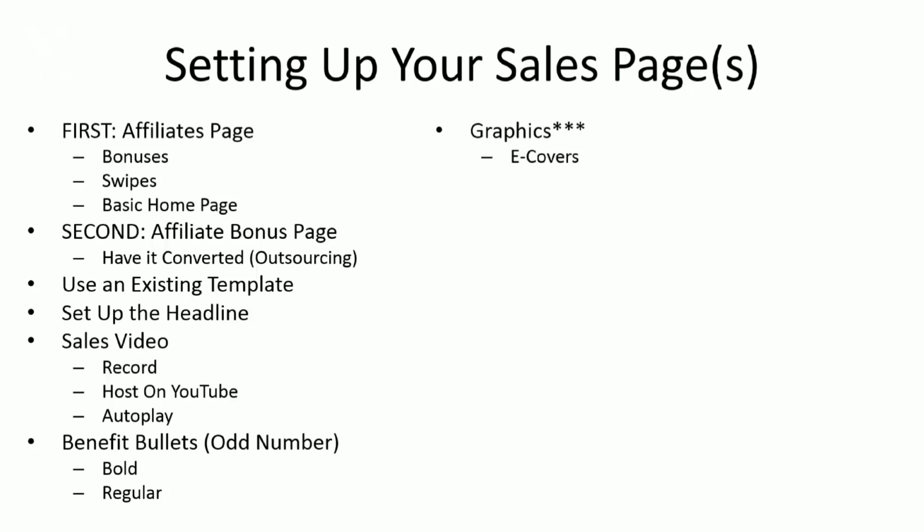And if you're good with Photoshop, and you can create a good e-cover that'll match all of the other stuff, then I say go for it. There's a program out there called eCover Authority that Chad Elgizer puts together. It's a very good program. I personally don't use it because I use Photoshop, not because it's not a great program.